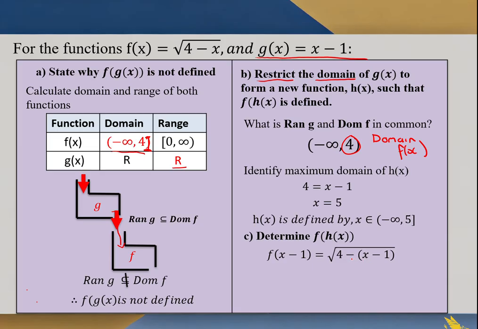Be mindful when we expand, this will be take away x, and this will be take away negative 1, which will be plus 1, and 4 plus 1 is 5. So the final answer should be h of x is equal to square root of 5 minus x, where x elements are between negative infinity and 5. That is my restriction.